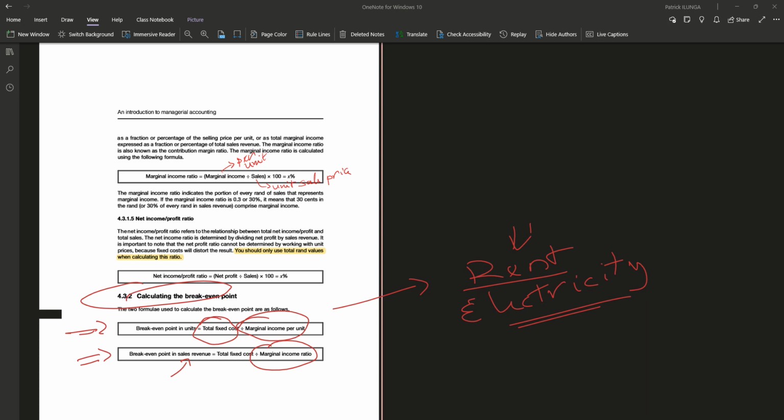And finally, two formulas that will help us now calculate the break-even point. When we're talking about the break-even point in terms of units, we take the total fixed cost divided by the marginal income per unit. And when we're looking at the break-even point in terms of sales revenue, we take the total fixed cost divided by the marginal income ratio.